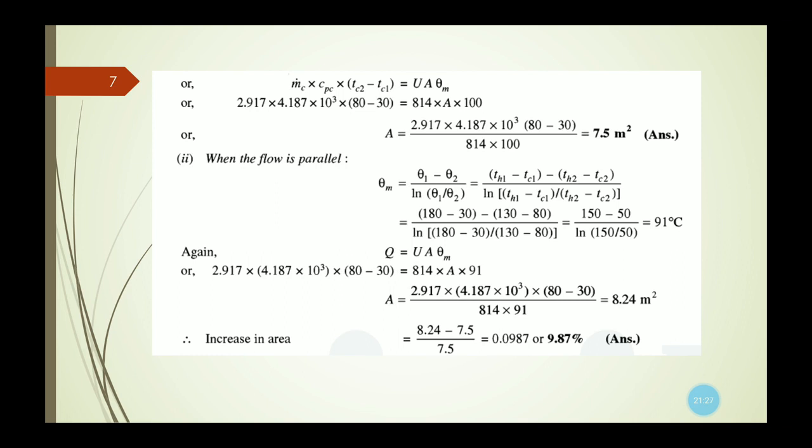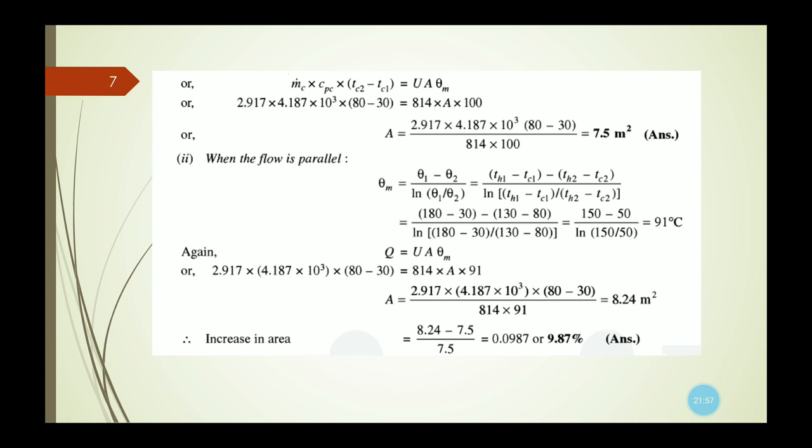The mass flow rate of the cold fluid is given, Cpc is the constant value for water, and the inlet and outlet temperatures of the cold fluid are given. Using this relation, we have calculated the heat exchanger area of this counterflow heat exchanger. It is coming as 7.5 meters square.